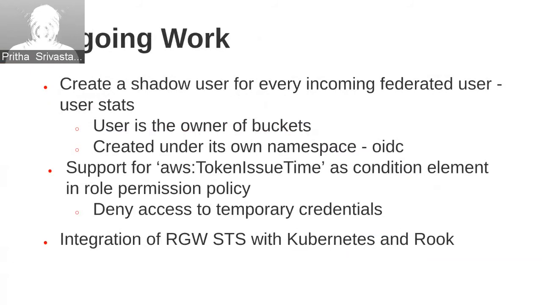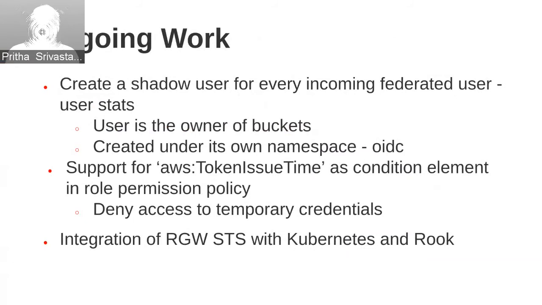And the second important work that is ongoing is the support for AWS token issue time as condition element in the role's permission policy. So let's say even these temporary credentials get compromised for some reason, and the system administrator wants to immediately block access to them.